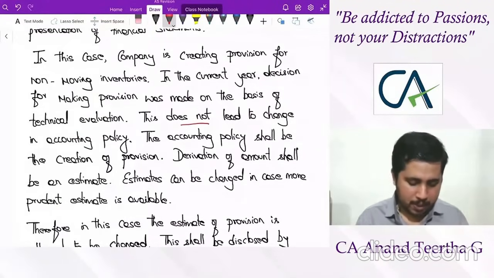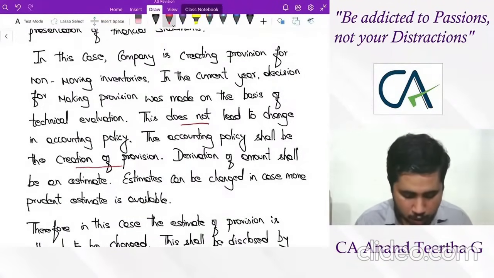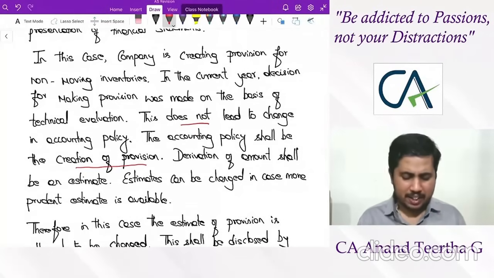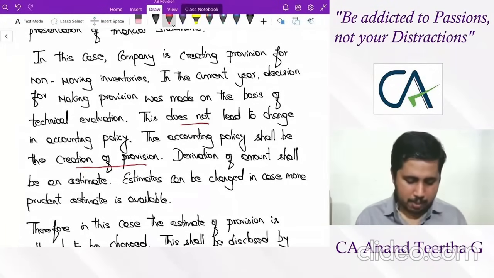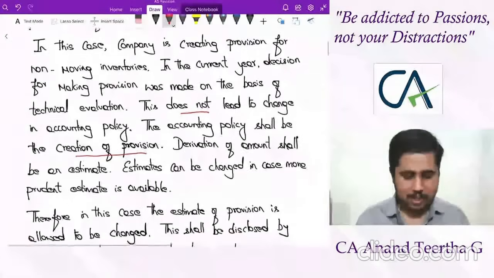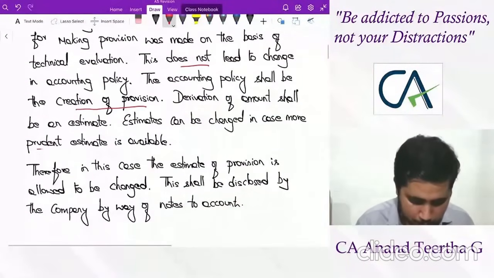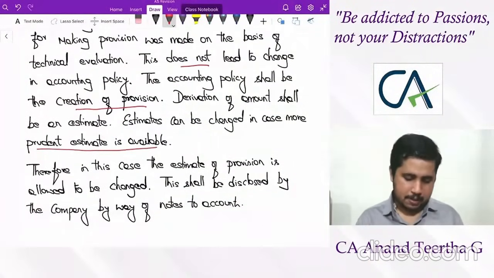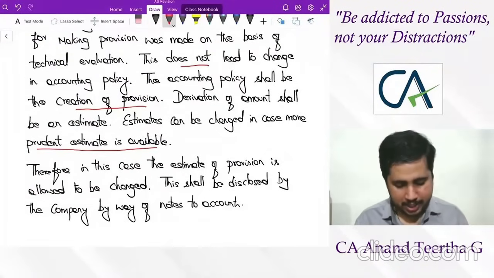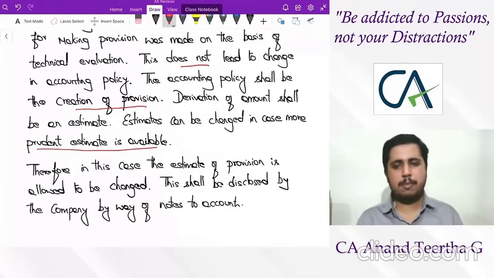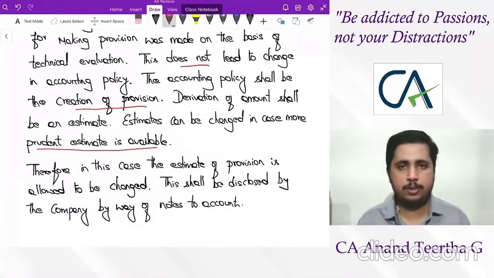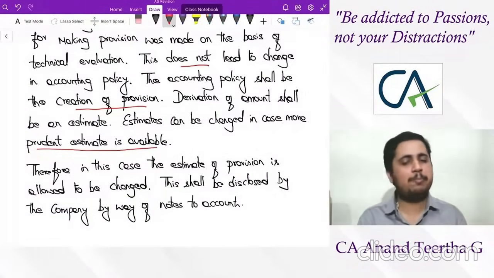The accounting policy shall be the creation of provision. Derivation of the amount shall be an estimate. Estimates can be changed in case a more prudent estimate is available. Therefore, in this case, the estimate of provision is allowed to be changed. This change should be disclosed by the company by way of notes to accounts. So this is the way you have to present it.